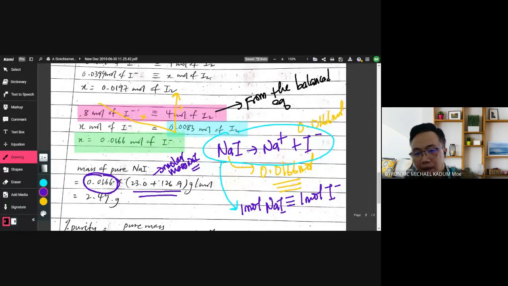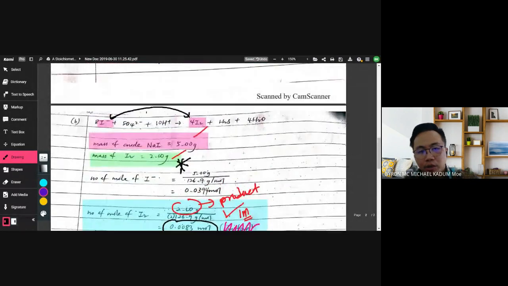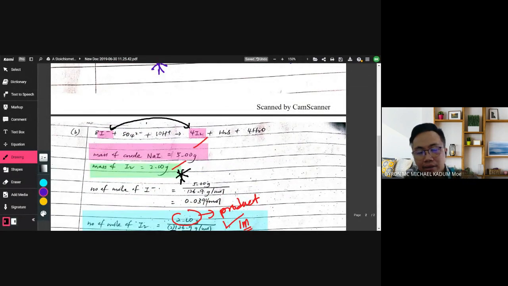Tapi ini kita kena faham bahawa benda itu melibatkan NaI kan. Dan dalam balance equation kita nampak ada I minus. I minus ini datang dia daripada NaI. Na ni pergi mana? Na ni ada dalam sistem tu. Tapi dia tidak terlibat dalam reaction.